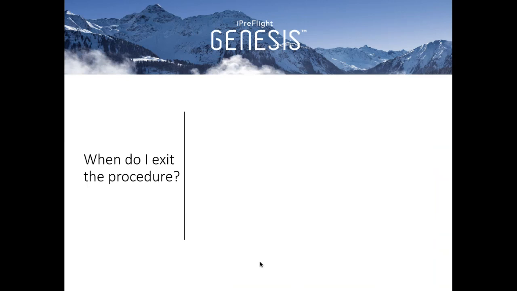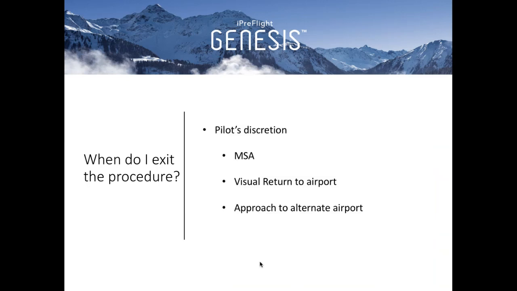The second question I want to talk about today is, when do I exit the procedure? Am I climbing to the MSA, or what is some guidance on that? The answer to this question is that it is ultimately up to the pilot to determine when they are at a safe altitude to exit the procedure.